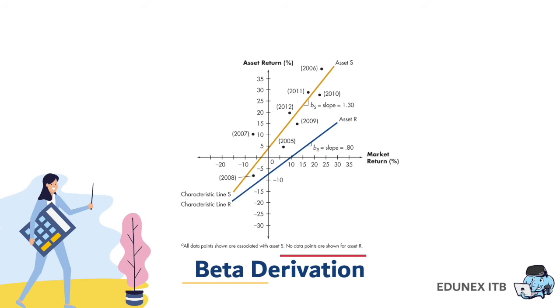A steeper characteristic line slope, or higher beta, indicates that its return is more responsive to changes in market returns. Therefore, here, asset S is riskier than asset R. You can see here that the slope of asset S is much steeper than asset R.